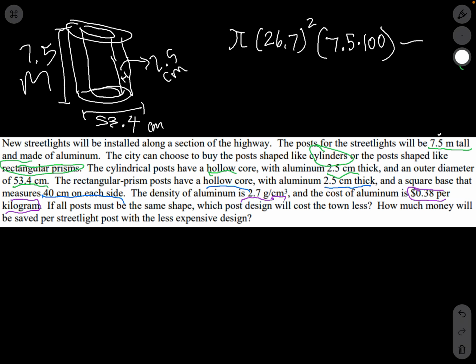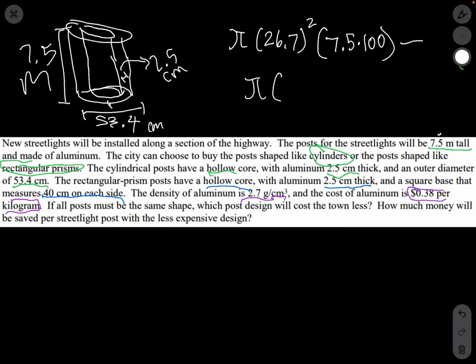And we have to subtract the volume of the cylinder on the inside. So we can use pi and the radius of the cylinder on the inside.